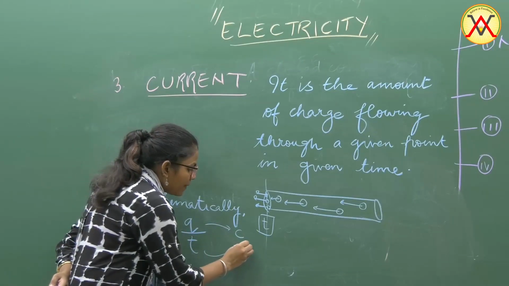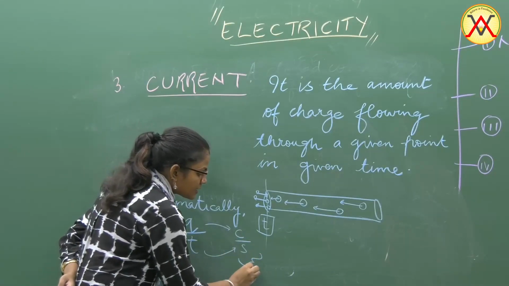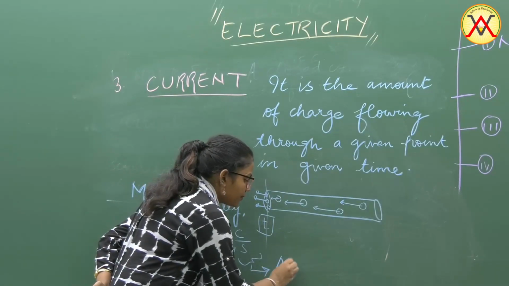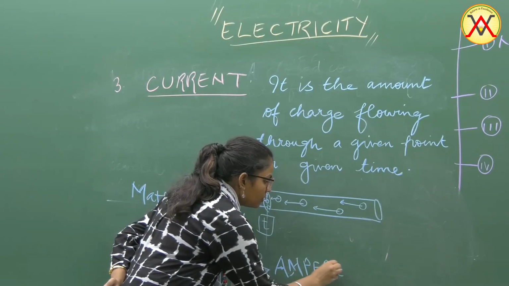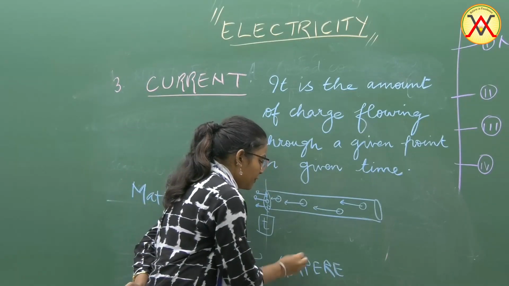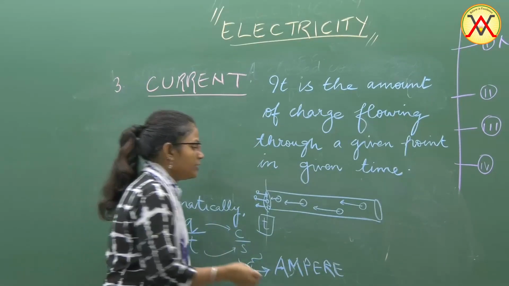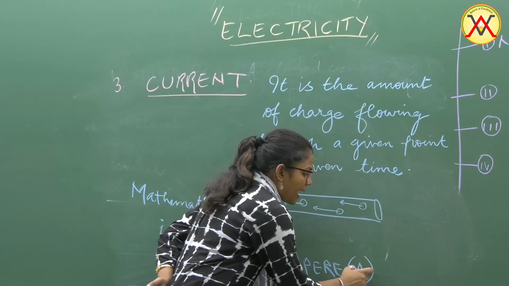SI unit of time is second. So combining this expression, we have SI unit of current as ampere. Giving respect to the scientist who did major work on current, denoted by capital A.